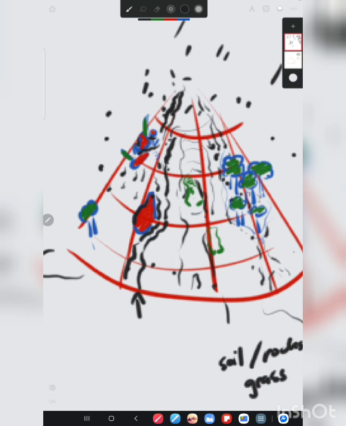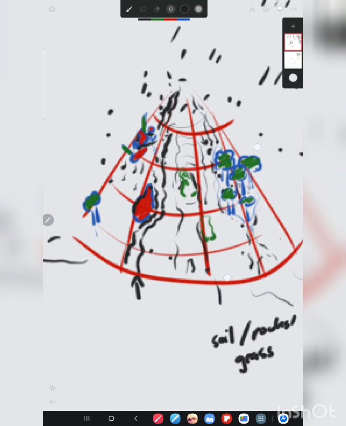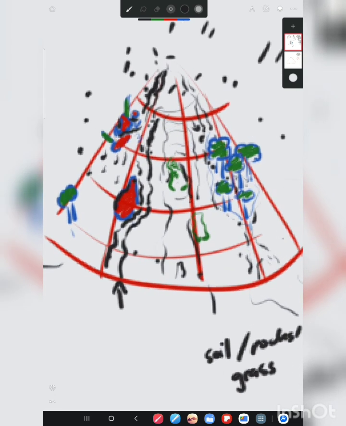So, you can actually sort of, now, imagine that this happens over the span of 100 years. Because it's a really old mountain.